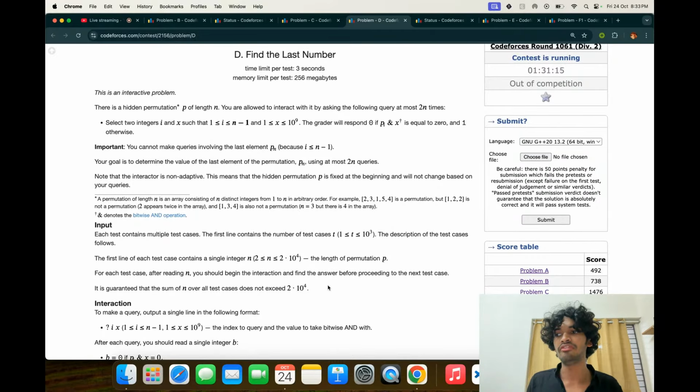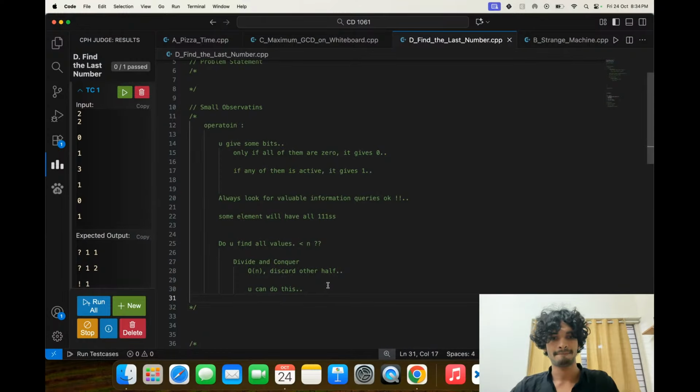Then I will calculate the number of 0 bits and the number of 1 bits. Based on that, I'll decide to keep one of them.